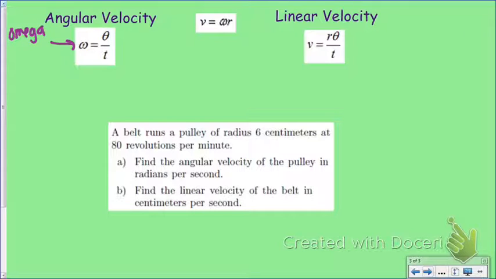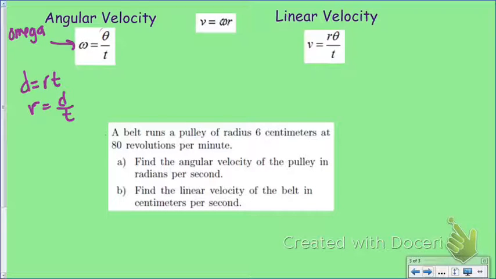And angular velocity we're going to look at very similar to, we know that distance is equal to rate times time. So my rate here is the omega. I know rate then would be equal to distance divided by time. That's essentially what I have here on this formula, except my distance, you'll notice, isn't d, it's theta.